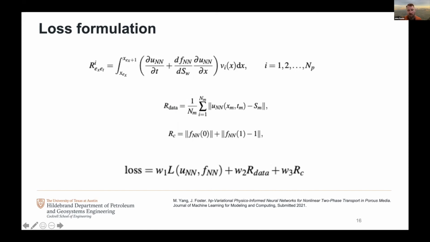Basically, the fractional flow curve must be 0 at 0, and it must be 1 at 1. And then we constrain it at the points where we know the data. So we just add these two additional terms to our loss function from before and train the model.